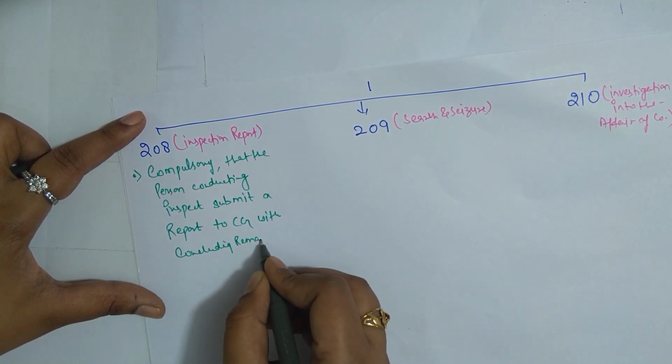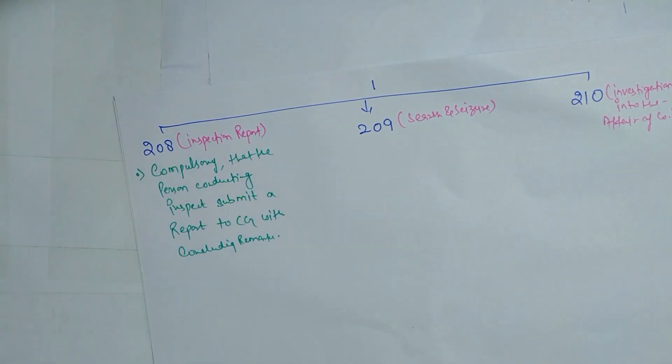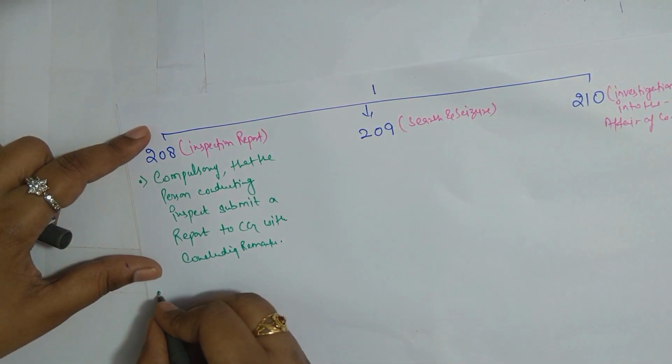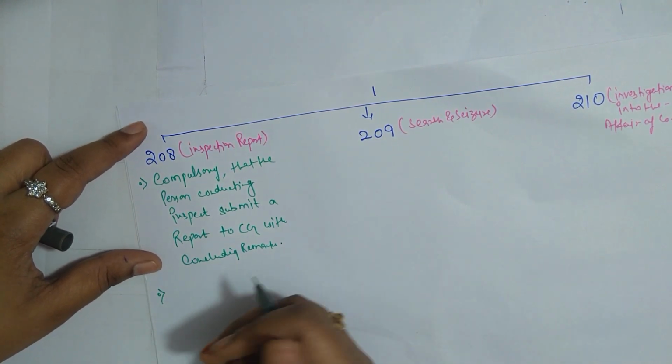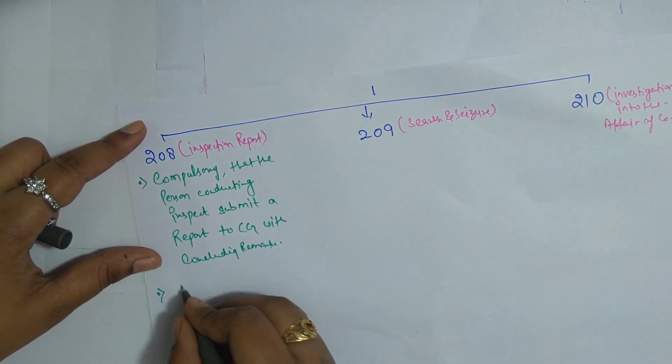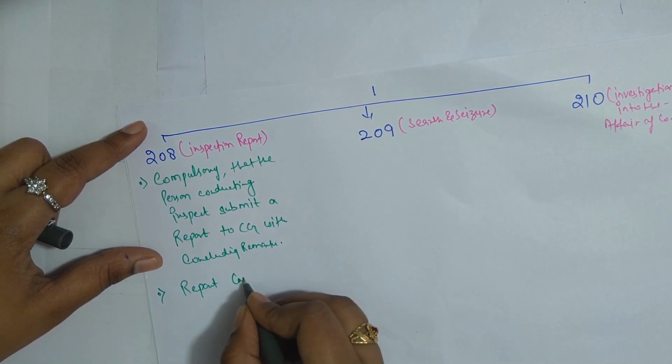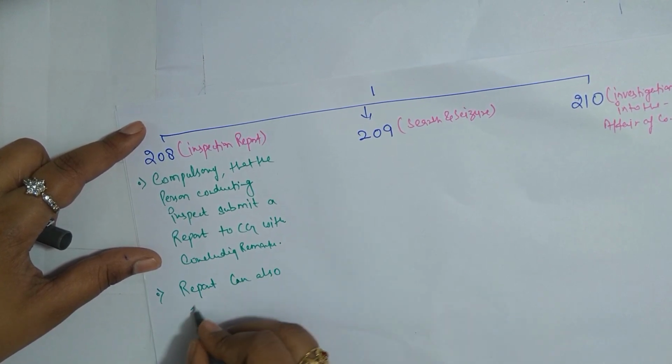What is your remark? Why did you do so? What do you think about the information provided by the company? You have to give a conclusive report. Fine. And the second thing which you have to remember is that the report can also suggest.